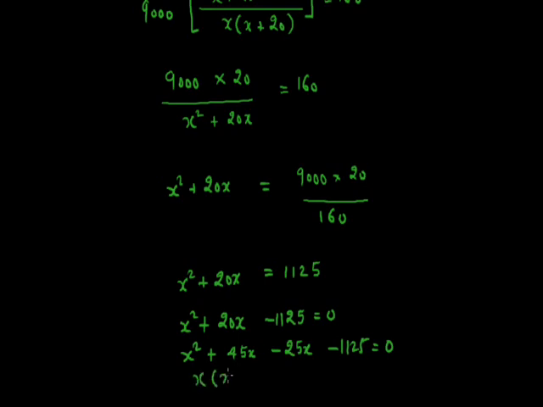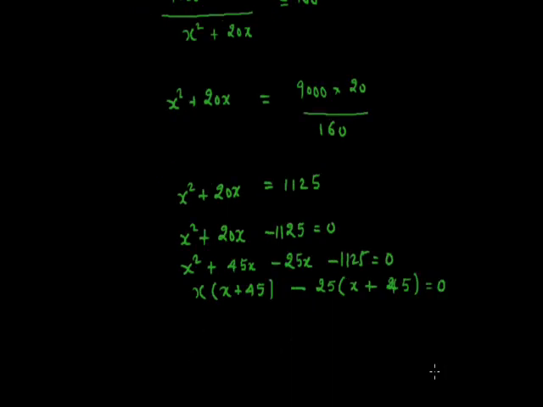So x is common: x into x plus 45 minus 25 into x plus 45 equal to 0. So the factors are x plus 45 multiplied by x minus 25 equal to 0.